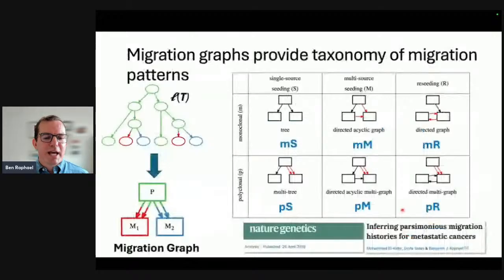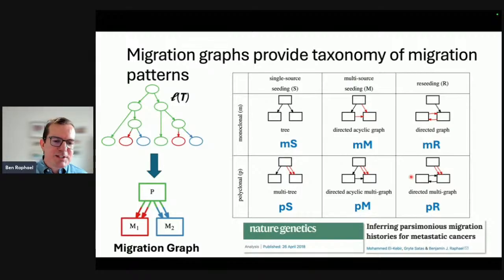And we wrote down this whole taxonomy in a paper we published in Nature Genetics in 2018, where we talked about, if you look at the graph, if the graph is a tree, then every anatomical site was a result of a single seeding. This is monoclonal, but there are other ways it could be, with migrations with multiple sites. It could have directed cycles. This is the so-called reseeding. And so we wrote all of this down.